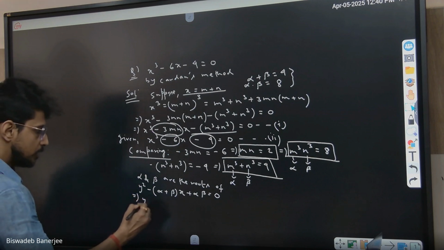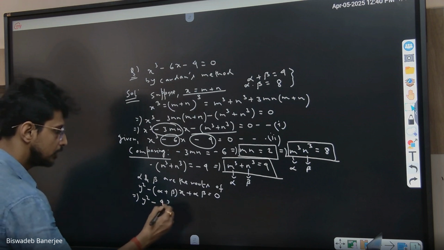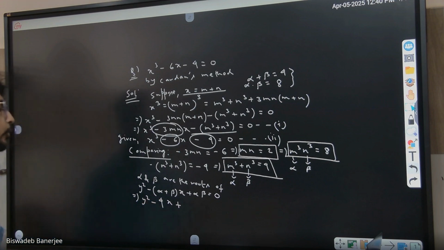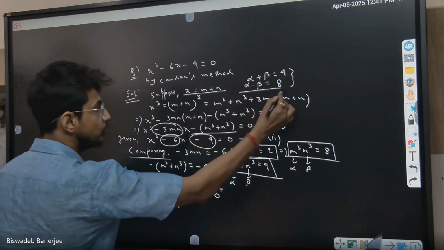This implies y square minus 4 into y plus 8, where my sum of the roots is 4 and my product of the roots is 8.